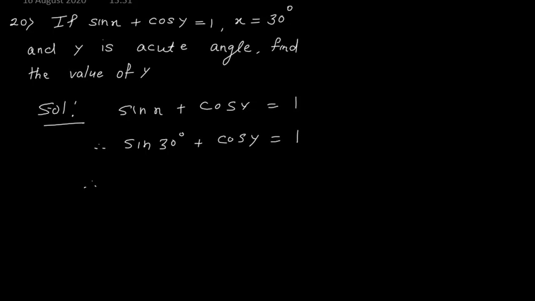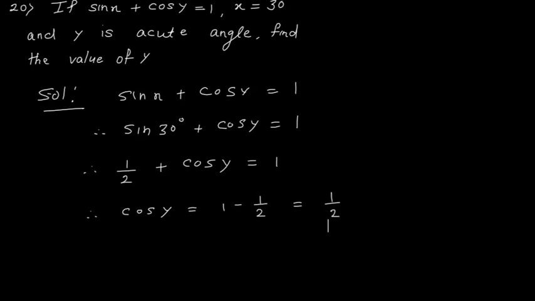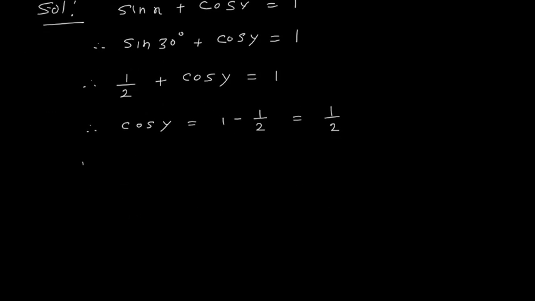Therefore sin 30 degrees is what? 1 upon 2 plus cos y is equal to 1. Therefore I have cos y is 1 minus 1 upon 2, which is 1 upon 2. So cos y is 1 upon 2. Therefore the value of y, okay, 1 upon 2 means what?